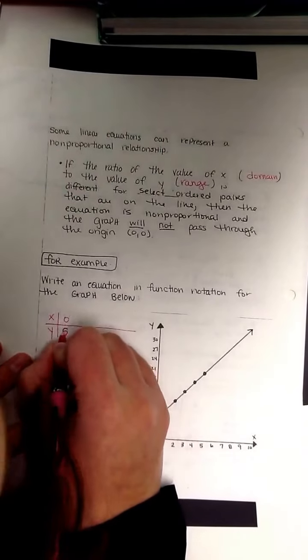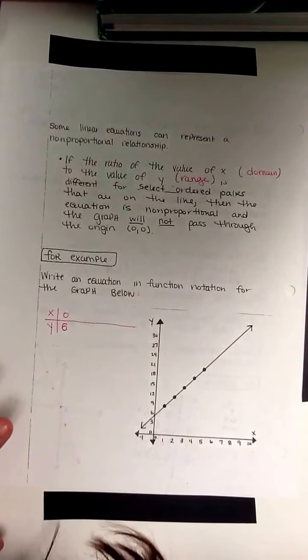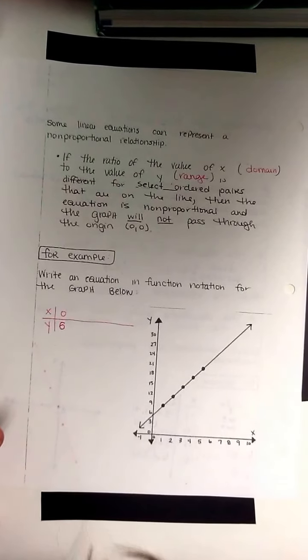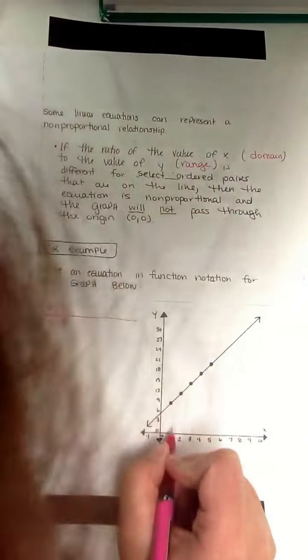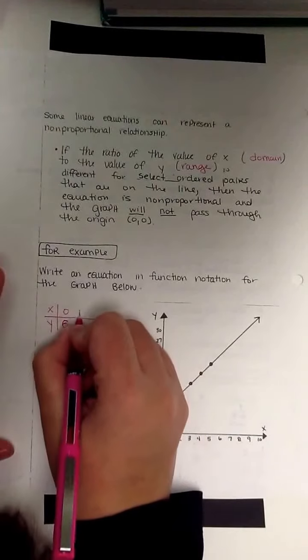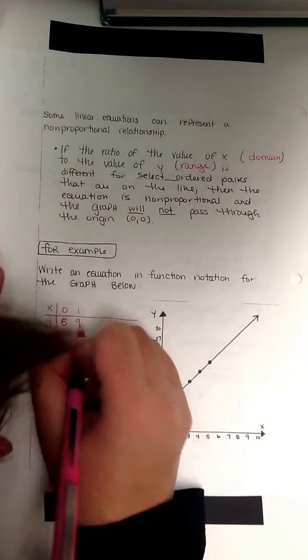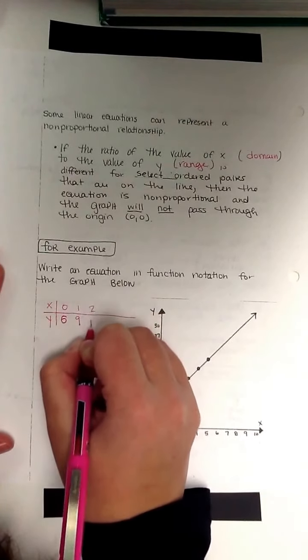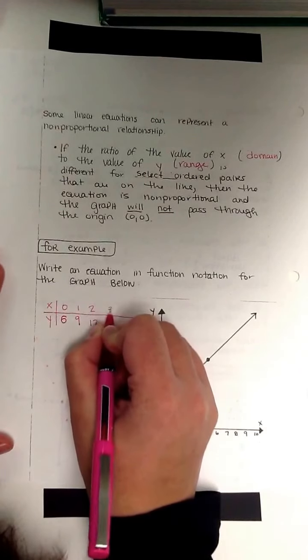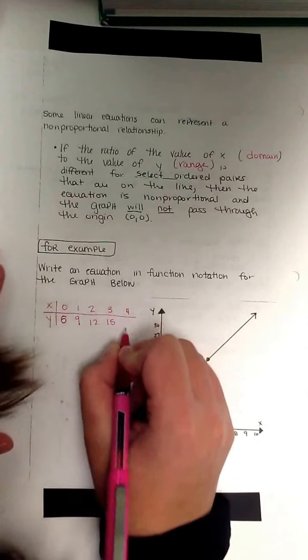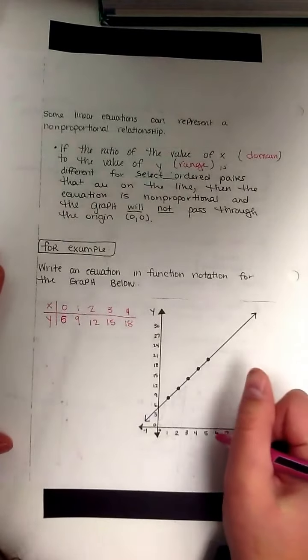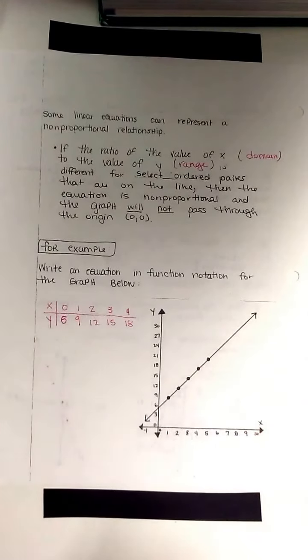If you're looking in your textbook on page 197 on example 2, that's the graph we're looking at. So the next one is 1, 9, 2, 12, 3, 15, 4, 18. And we're going to stop there on our line.